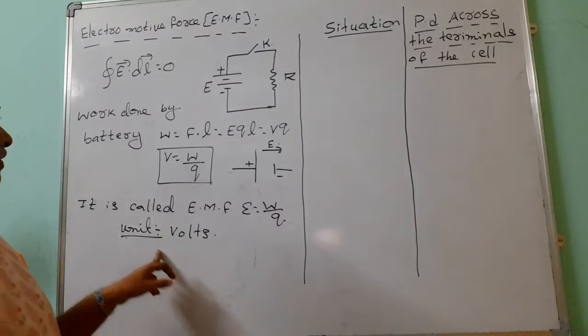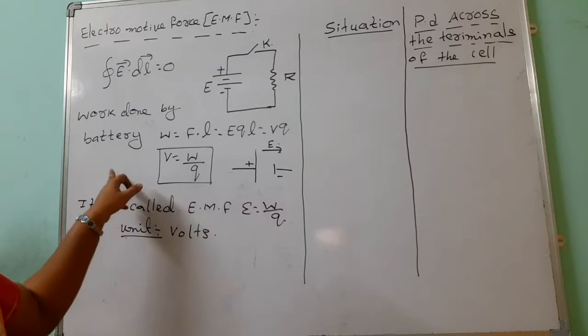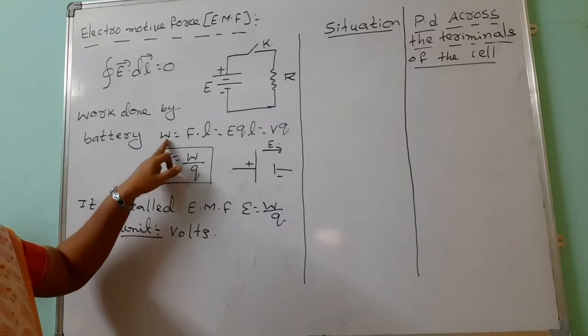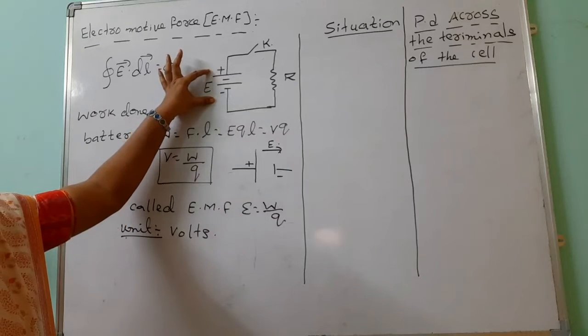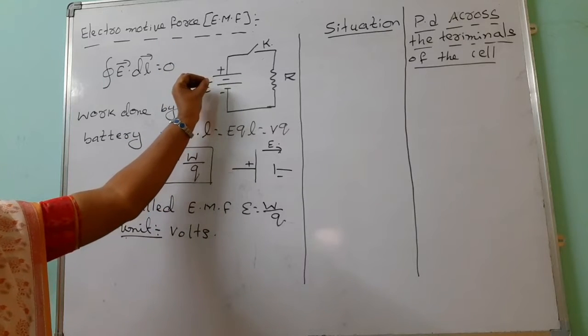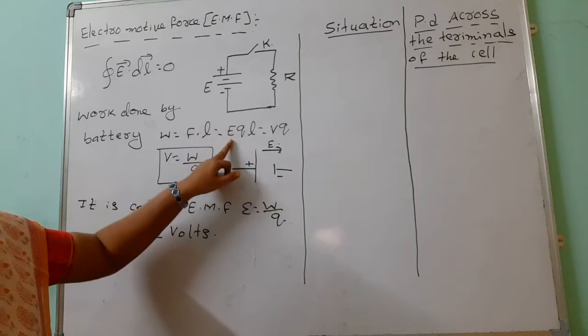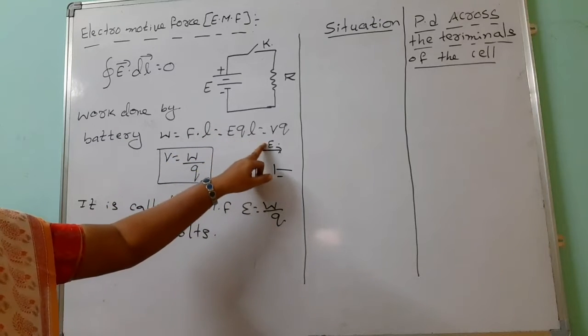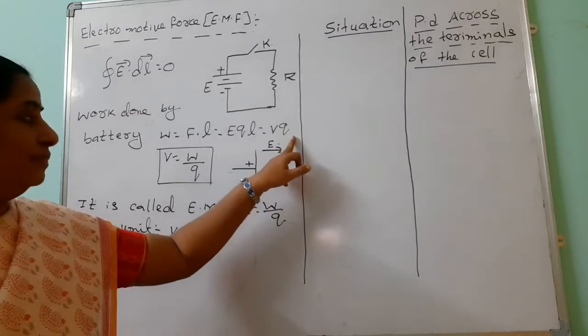What is the unit for electromotive force? Volts. Then how do we get the potential formula here? Work done equals force into displacement. Between these two terminals, it is forcefully pushing that positive charge. How much force is there? F, in terms of intensity, is EQ, and work is EQ into L. But E into L is nothing but the potential V, so work is VQ.